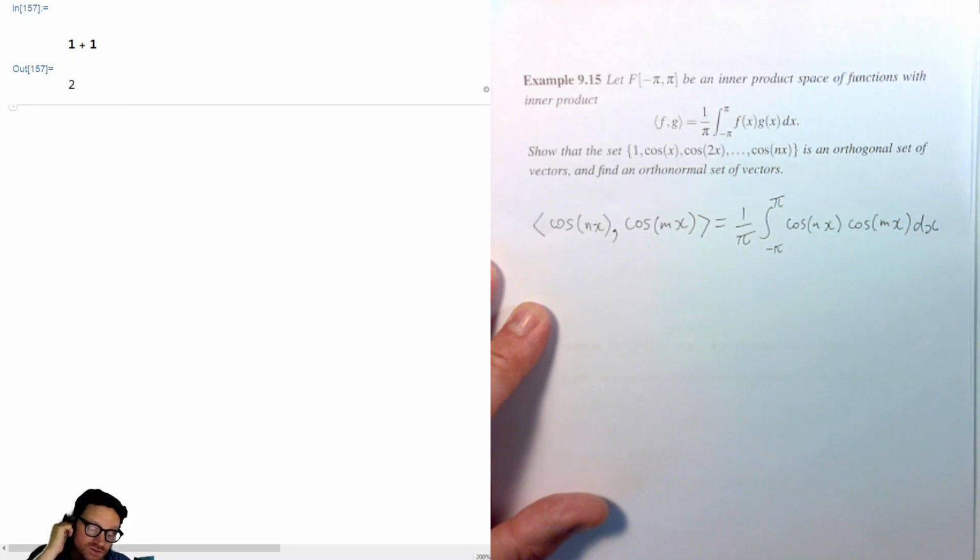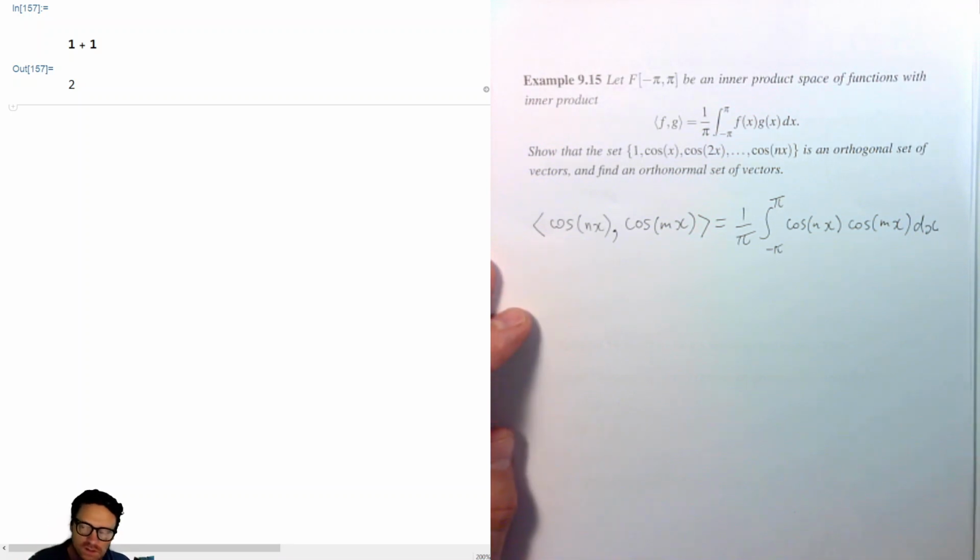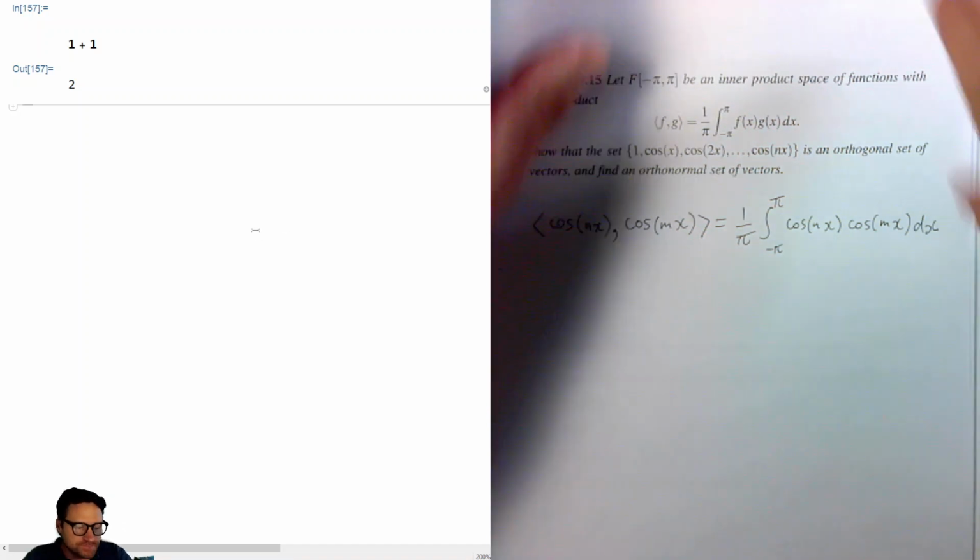Now this integral should be 0. I'm sure there's an angle addition formula that we could use for this, but I'll just calculate this here.